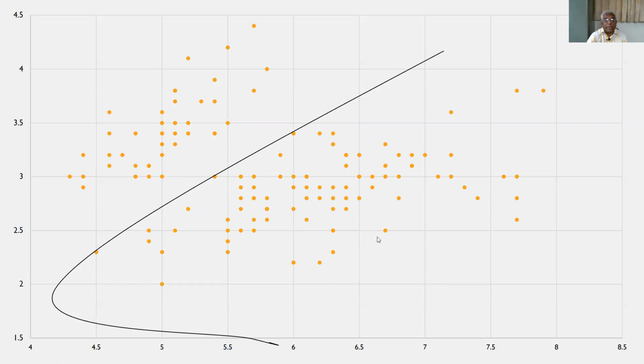Actually, this is the data from iris flowers. This is the data of 150 flowers. You know that there are 4 features, but for the sake of convenience, I have taken only 2 features: sepal length and sepal width. So based on bivariate data, I have plotted a scatter plot.